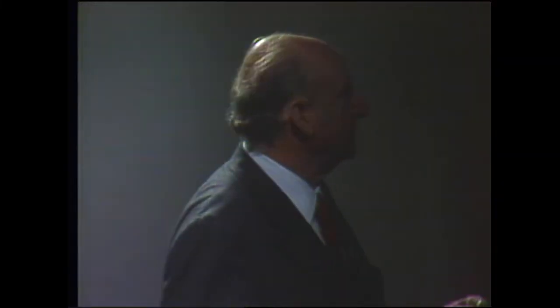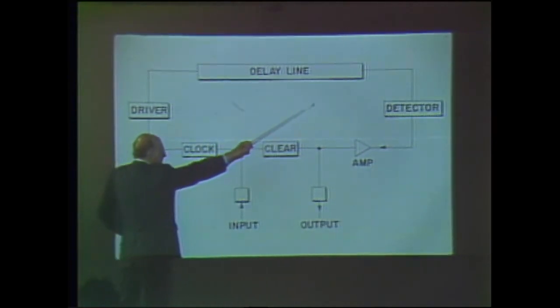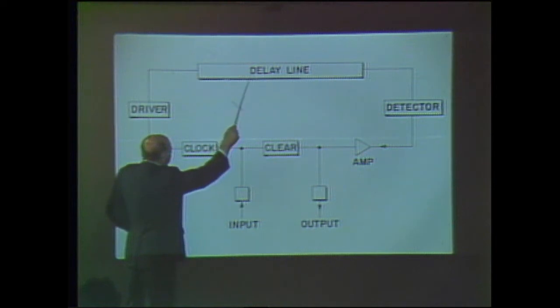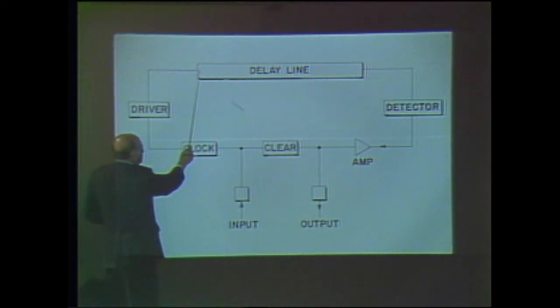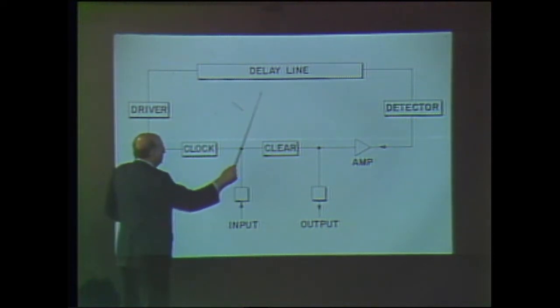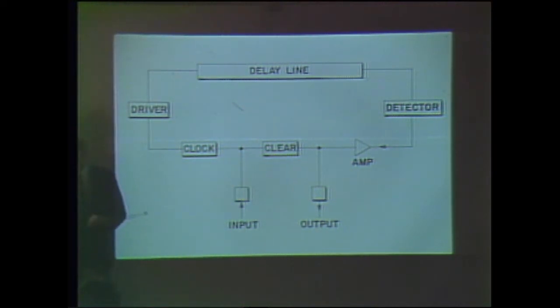So one of the first ideas was the idea of using a delay line in which you put a train of pulses on the input and you make them go through a delay line, you detect them on the end, and you put them back through the delay line. So as soon as you put a disturbance in here, it went across it and came back, and then you could put as big a train of pulses as you needed.